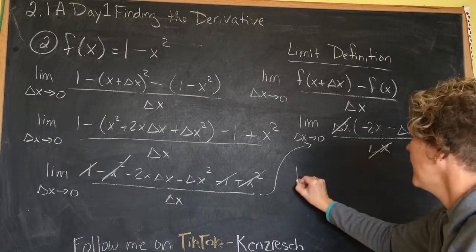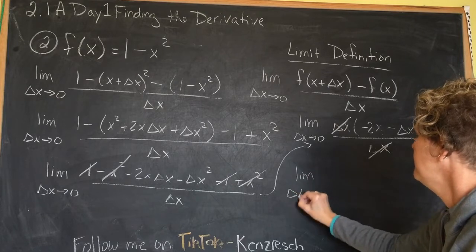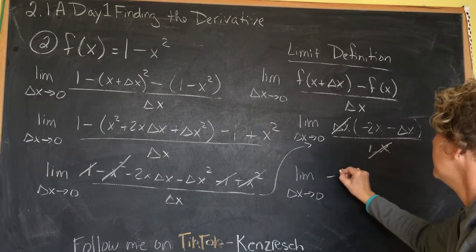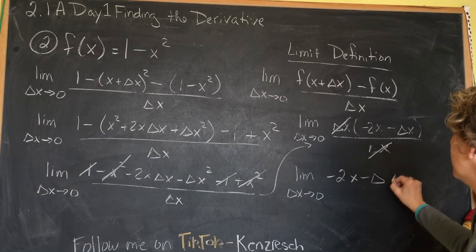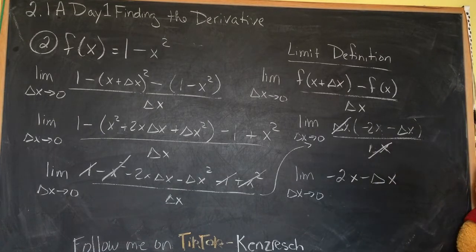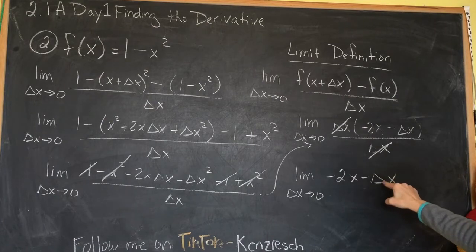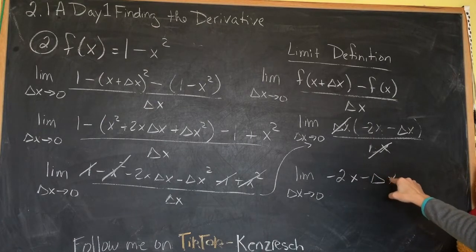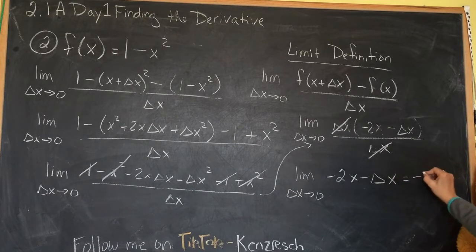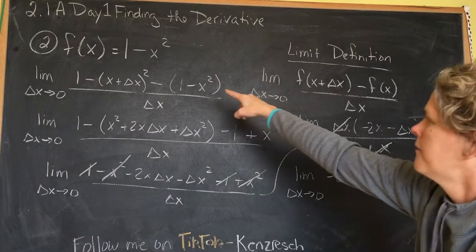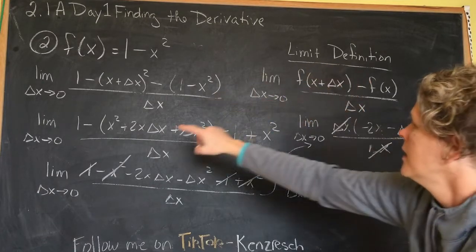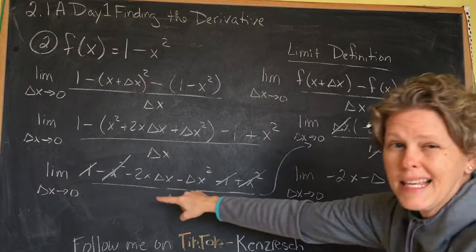All right, I still have that. Well, now I could take 0 and plug that in for delta x. If I put 0, that eliminates that term, which means my answer is a negative 2x. Okay, so I plugged it into my formula, FOILed and distributed, things canceled.